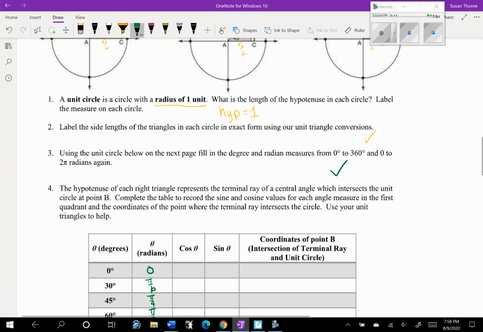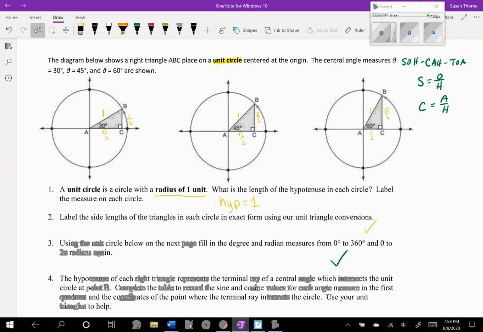So if we go back to our table, we're going to do cosine first. So cosine is the adjacent. If I look at this first one here with the 30 degrees, the adjacent is root 3 over 2 over the hypotenuse, which is 1. So the cosine of 30 degrees would be equal to, again, adjacent root 3 over 2 divided by 1, which is just root 3 over 2.